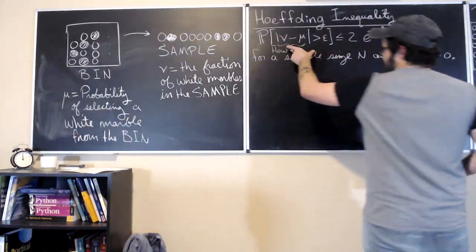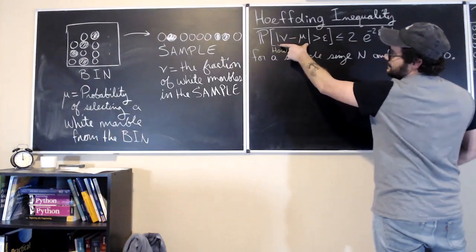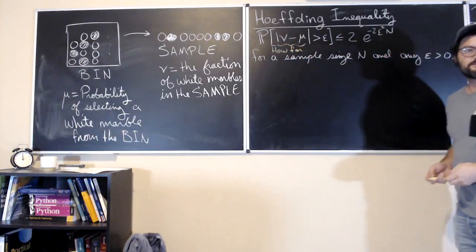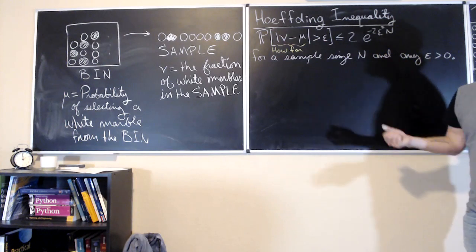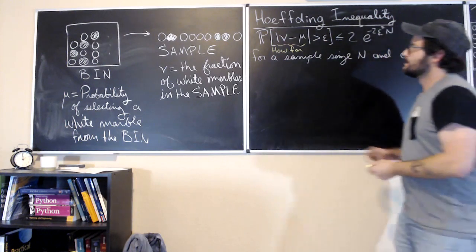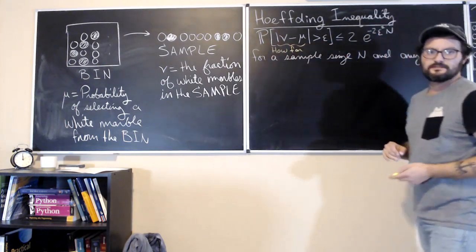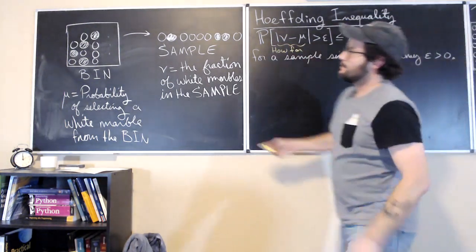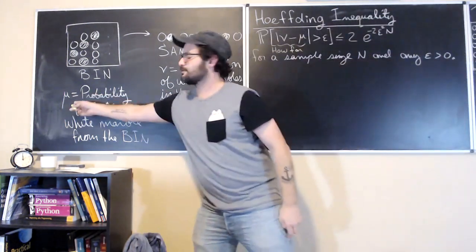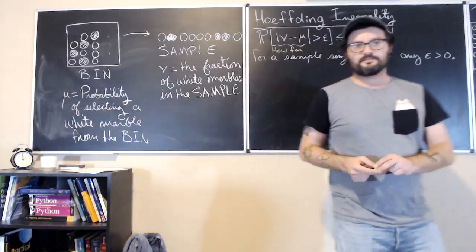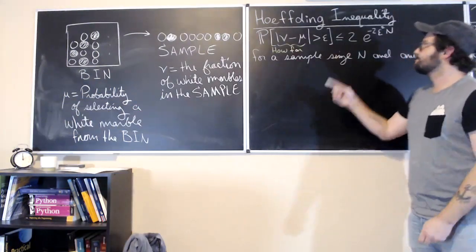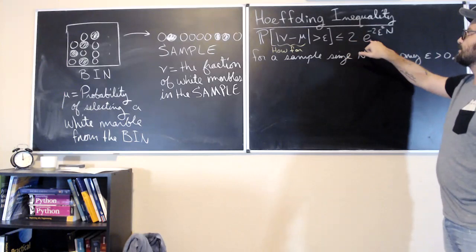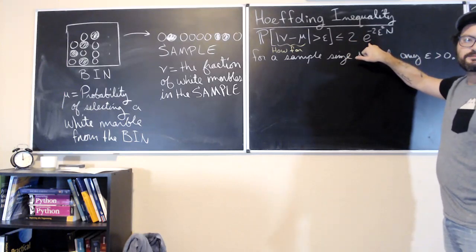And this is saying the probability of this distance being greater than epsilon. So you pick any positive number epsilon, the probability of this being far from that, or greater than epsilon, is at most twice a negative exponential, which is good, right?